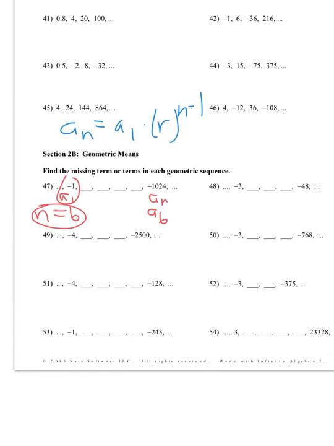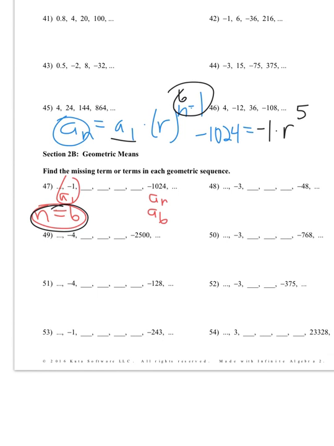So if I do that for this problem, I'm going to substitute in a_n, which is that's this right here, negative 1024, and that equals, I've got a_1, which in this particular sequence is negative 1, times r, and I know that n is 6, so if I have r to the 6 minus 1 power, this would be r to the 5th power.